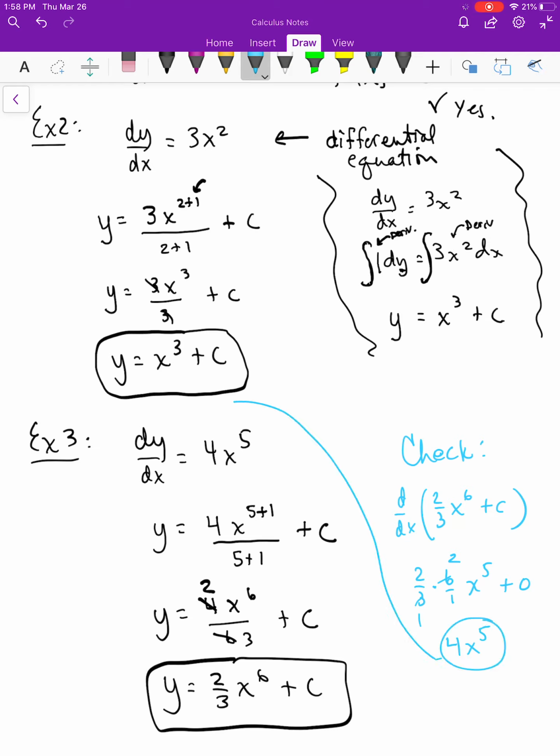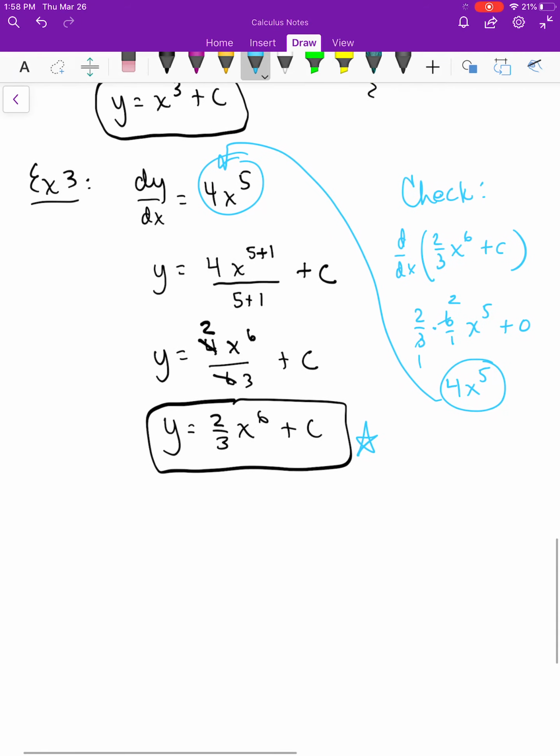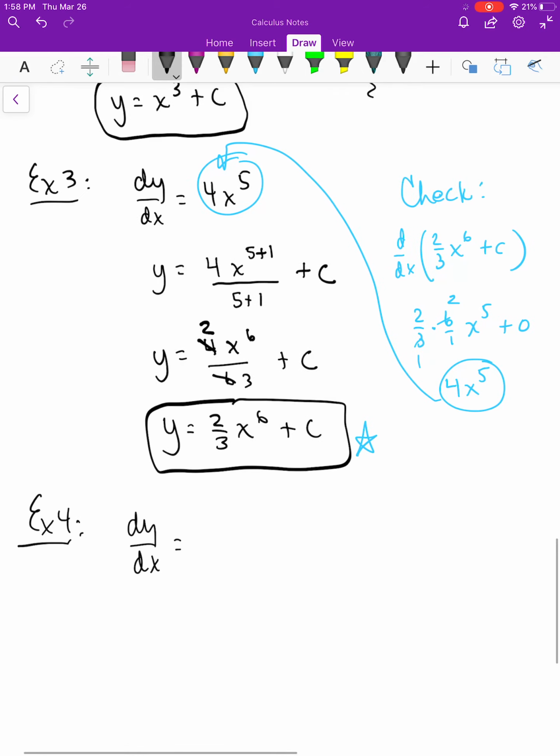So divide by 3, I get 1. Divide by 3, I get 2. This gives me 4x to the 5th. Okay, and that does equal what I started with. So that means that my answer is good. You can always do that when you're answering these. So it's kind of nice.